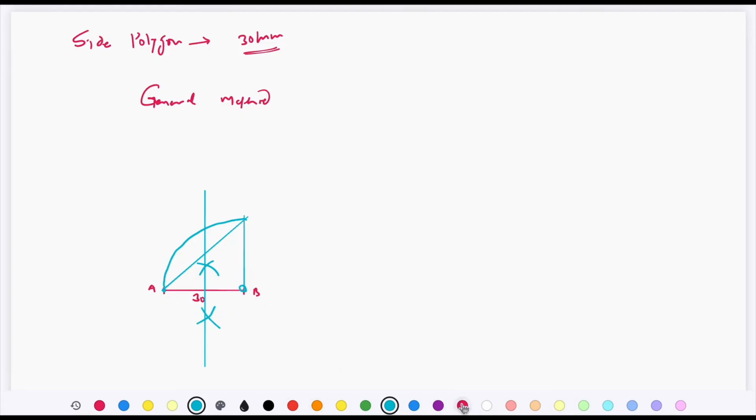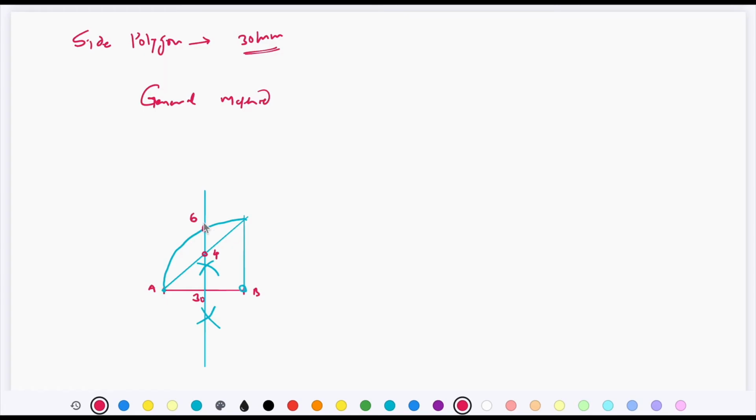Now the intersection of the hypotenuse of the triangle with this perpendicular bisector, name it as center number 4, and the intersection of this sector of the circle with that bisector, name this as center number 6. This is point number 4.